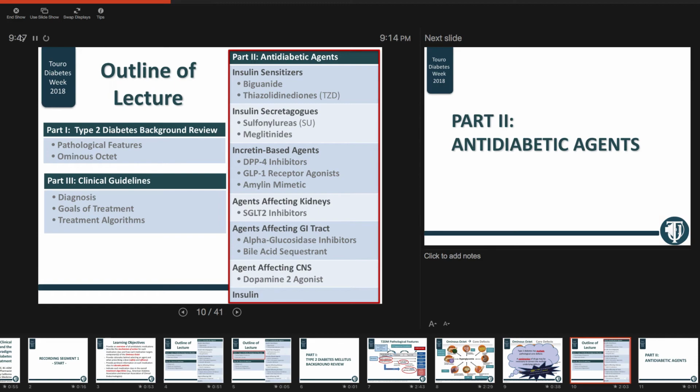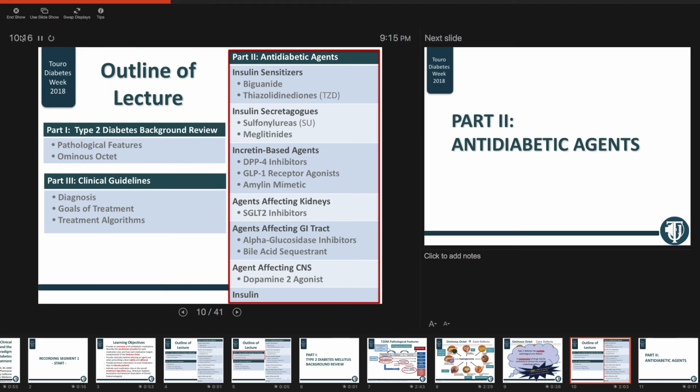Next, this is a newer pathway called the incretin-based agents. There are 3 subclasses: DPP-4 inhibitors, where DPP-4 stands for dipeptidyl peptidase 4; GLP-1 receptor agonists, glucagon-like peptide 1 receptor agonists; and amylin mimetics.